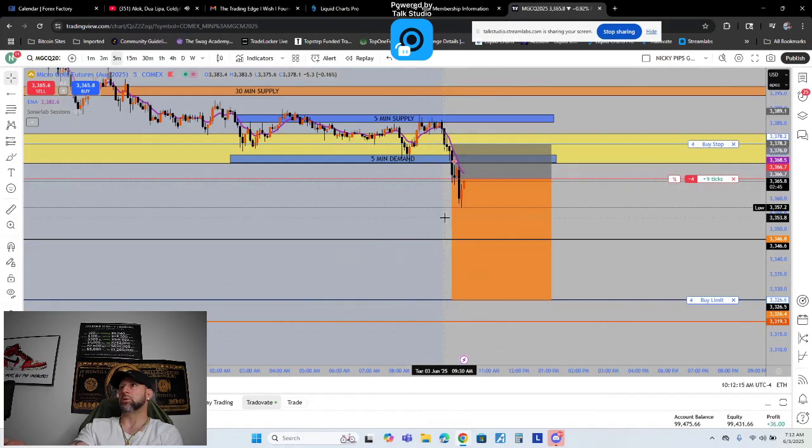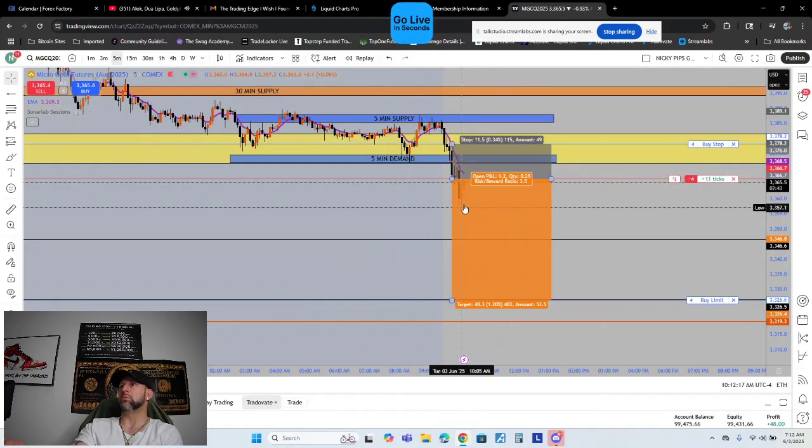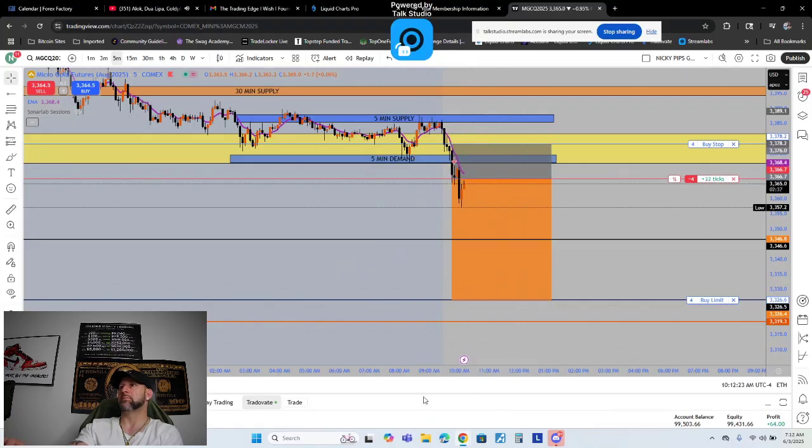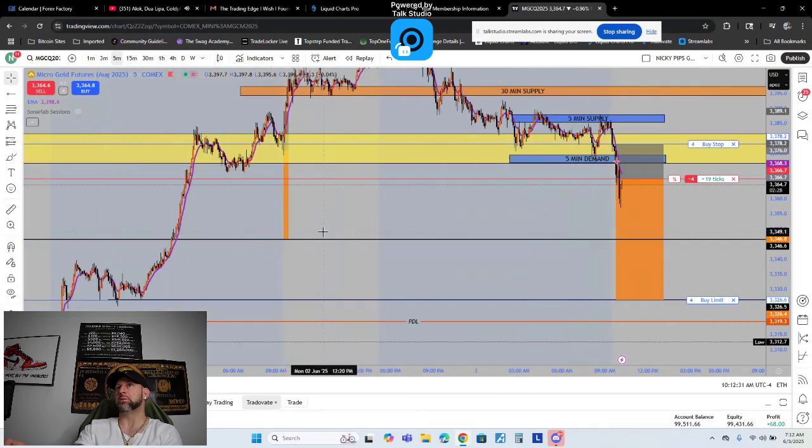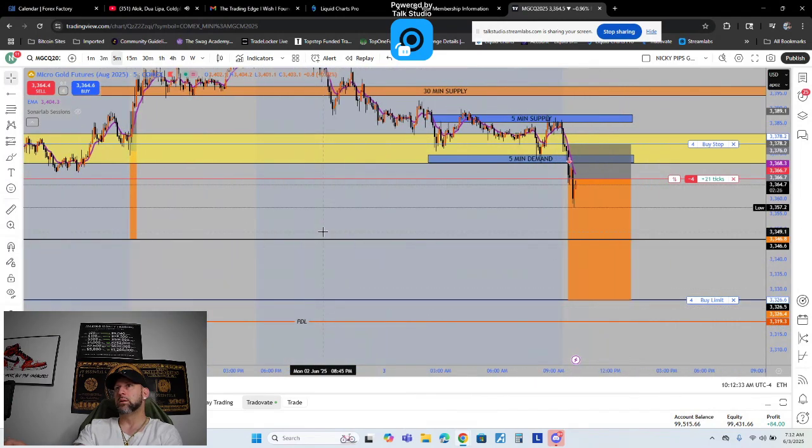So typically this is what it does. It'll go down, pull back up, usually right to somebody's entry, and then continue back down. But we always have to look to the left. So what did we tap into? I can mark this up with a horizontal line.